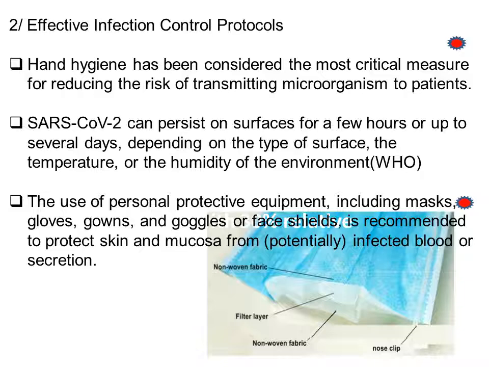So personal protective equipment, mask, gloves, gowns, goggles, face shield, is recommended to protect the skin and mucosa from being infected from blood or secretion. Definitely blood transmission is not recorded in coronavirus, but it is recorded with acquired immune deficiency, with AIDS.